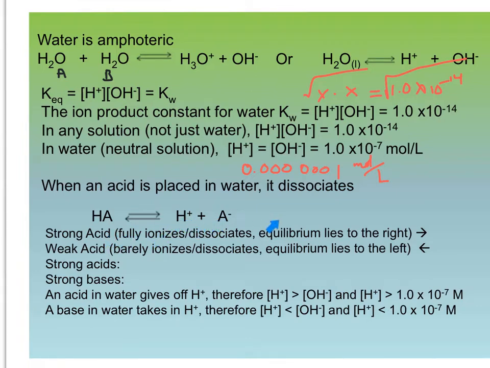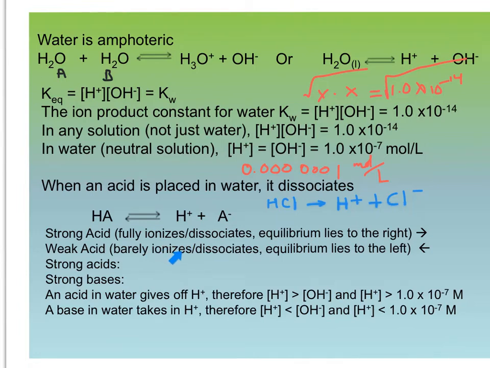If it is a strong acid like HCl is, that means it fully turns into H+ and A-. So it goes 100% to completion. The equilibrium lies to the right. So with something that is a strong acid, that means it fully ionizes, fully turns into ions. So the HCl, all of it turns into H+ and Cl-. However, if it's a weak acid, that means it barely ionizes or dissociates.